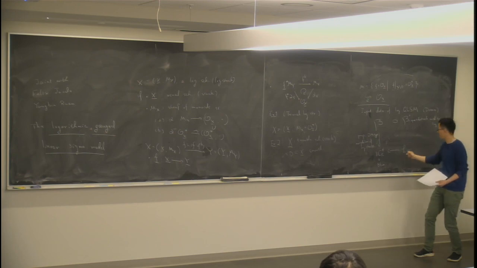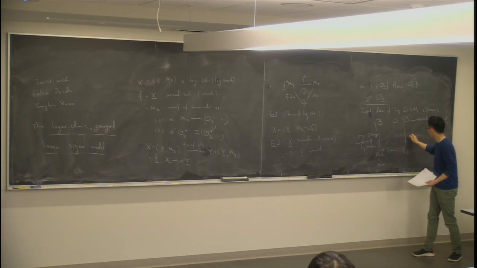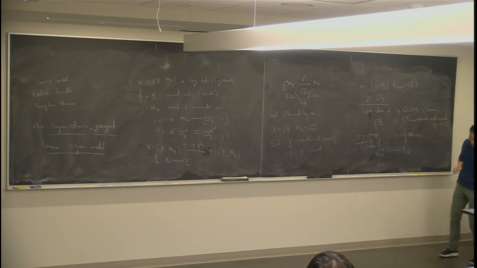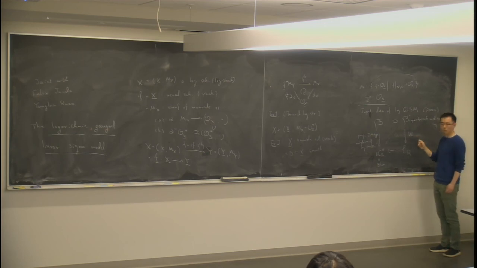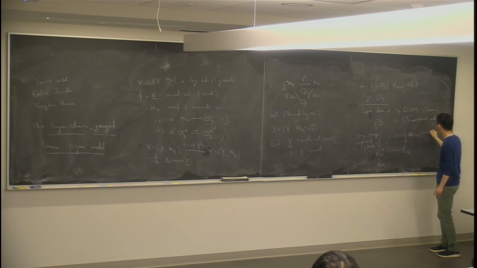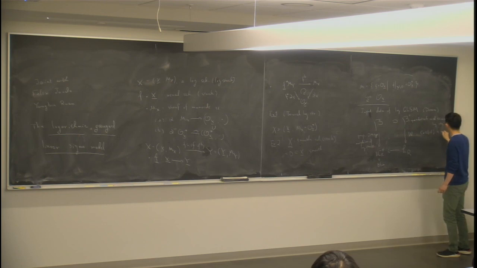Okay, this also has a trivial logarithmic structure, and I have an extra morphism. So W is a morphism from a stack to another stack, with the property that the critical locus of W is proper over BC star R.